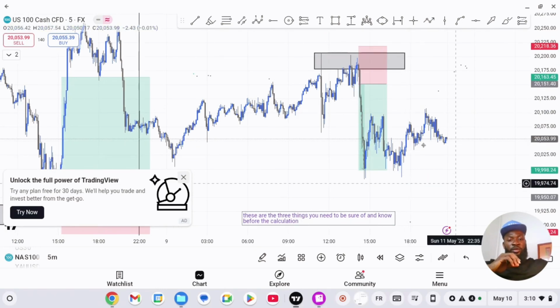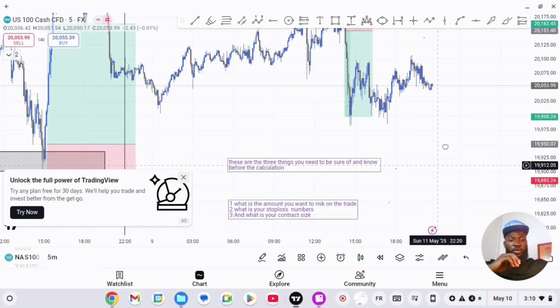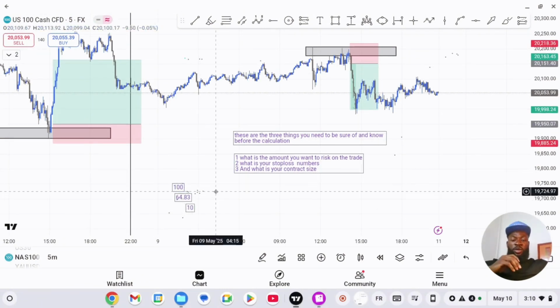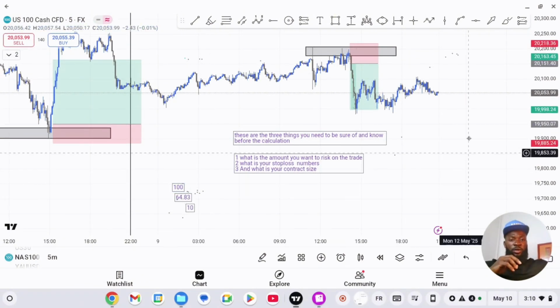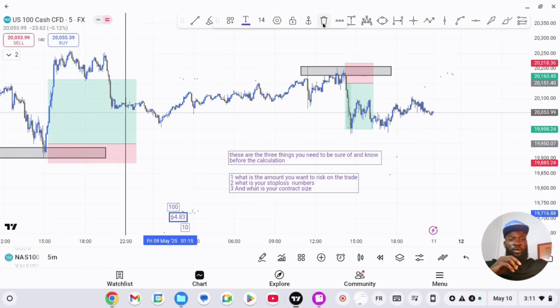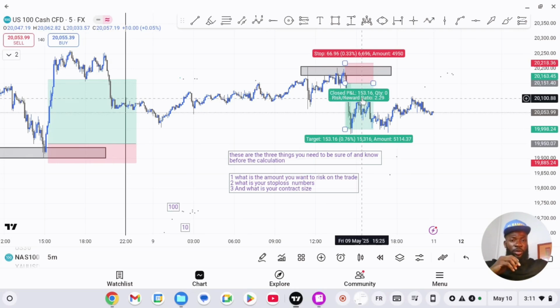Firstly, you still remember we want to risk $100, 1% of our account. So now you only need to change this stop loss number.